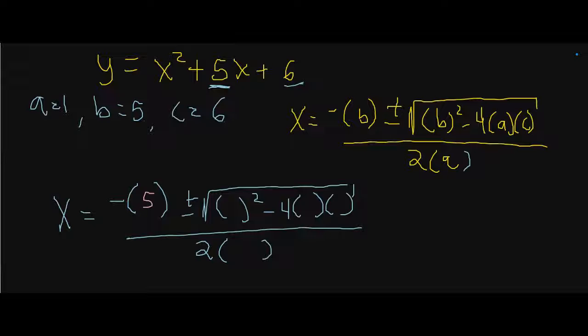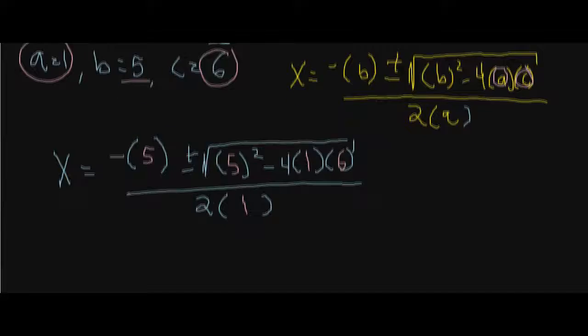All right, so now I just replace it. Well, this is b squared. Well, b was 5, so I'll put 5 here. Minus 4a. The a is equal to 1, so I'll put 1 here. And then my c was equal to 6, so I'll put the 6 here. Now this is all divided by 2 times a. Well, the a was 1, so that's 2 times 1.